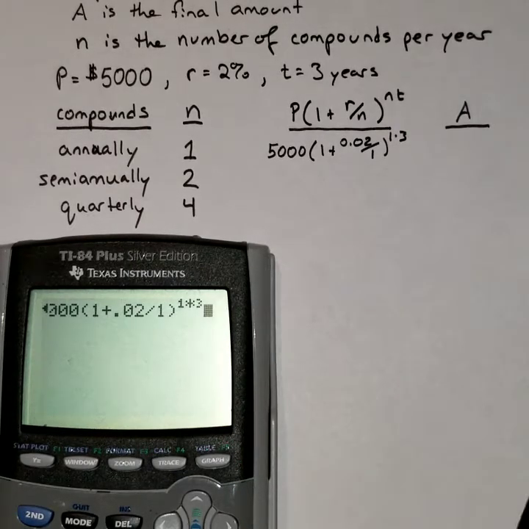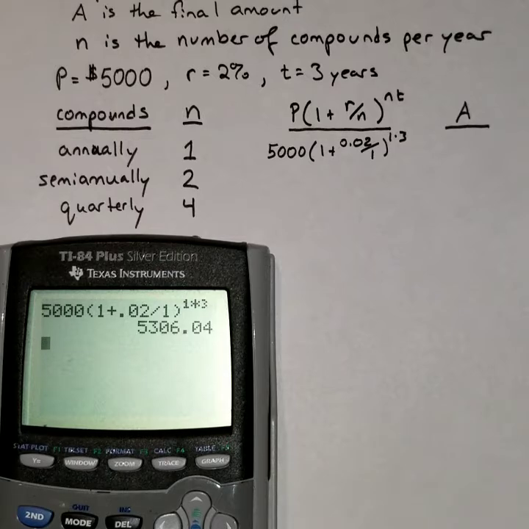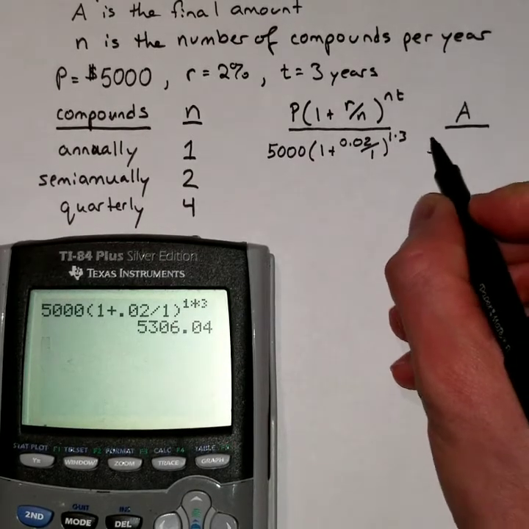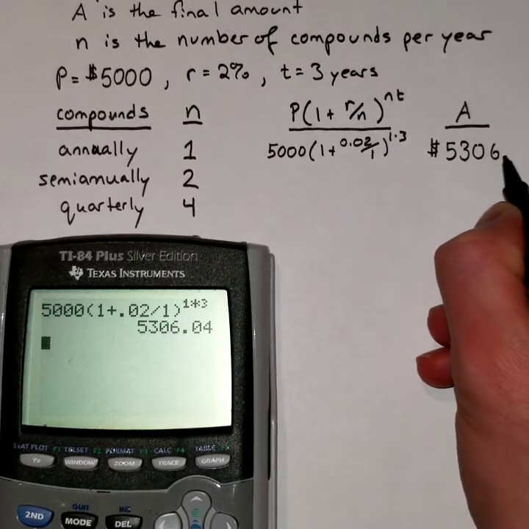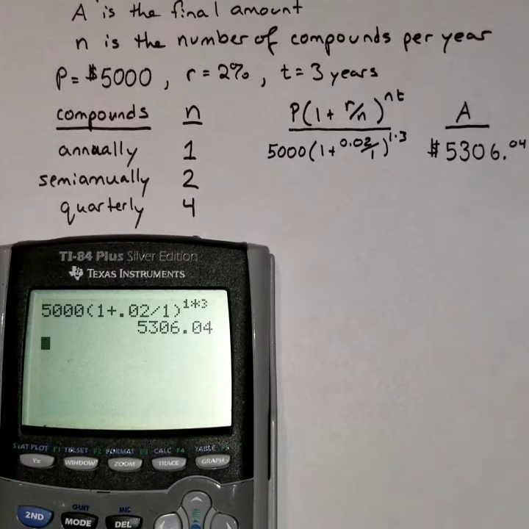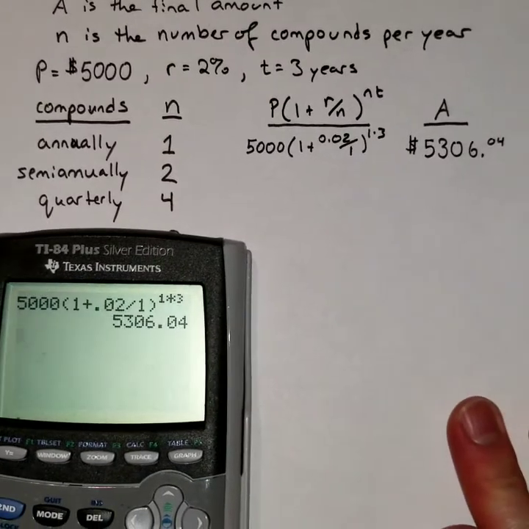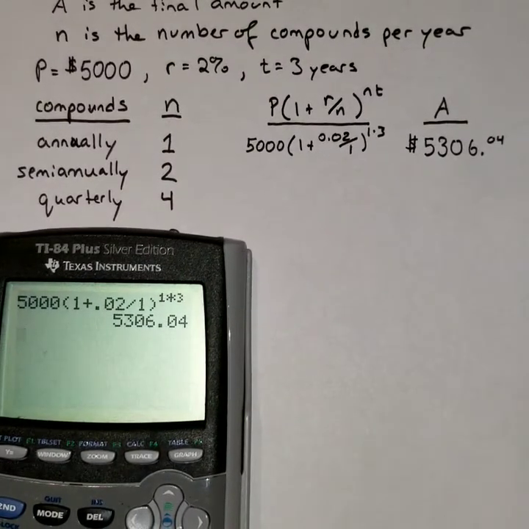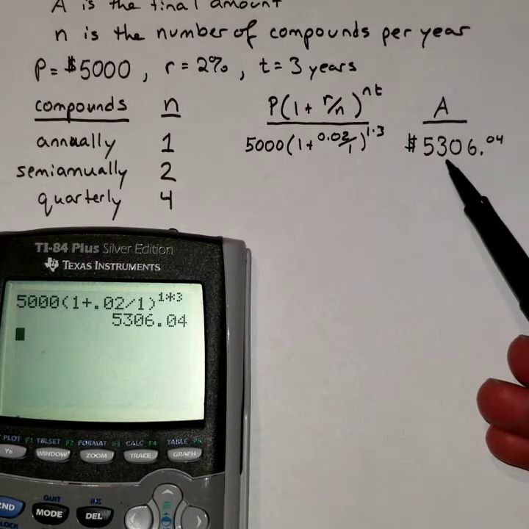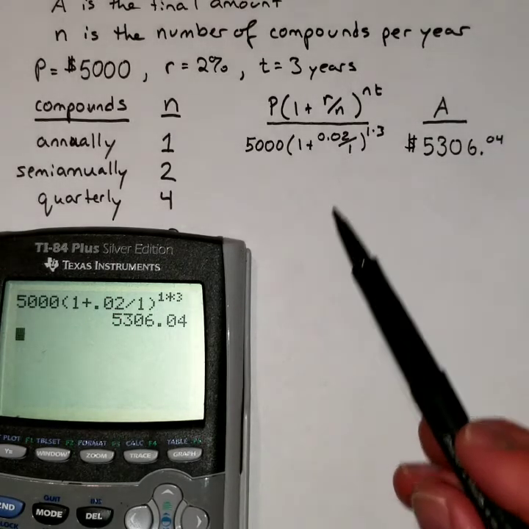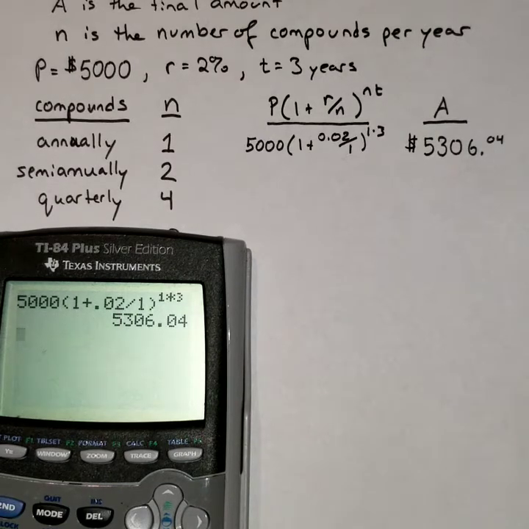So you just want to be very careful there when you compute these things. If you did it correctly, you should get a final amount of $5,306.04. Almost didn't fit that on. Okay. So that means you would have earned $306.04 in that 3-year period under this compounding scenario.